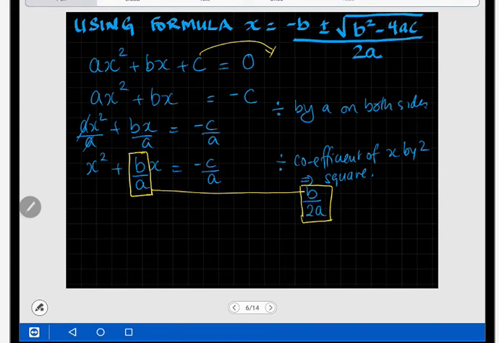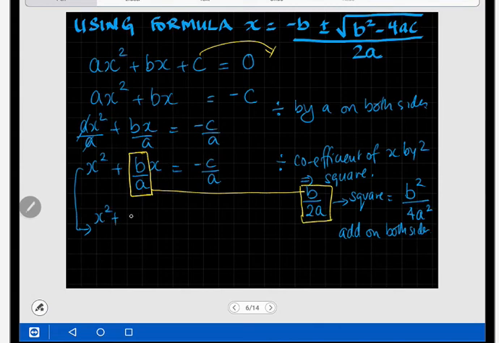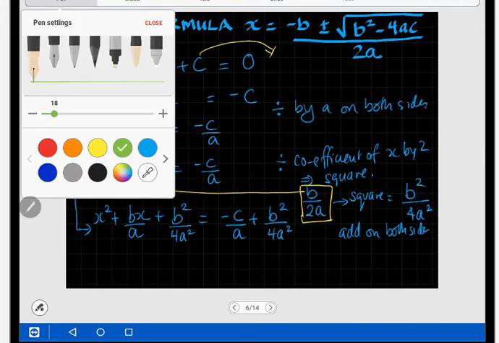Then I square this, and I will have b squared over 4a squared. Then I add it on both sides. So this will become x squared plus bx over a plus b squared over 4a squared is equal to minus c over a plus b squared over 4a squared. Right? Hope you're following me, guys.